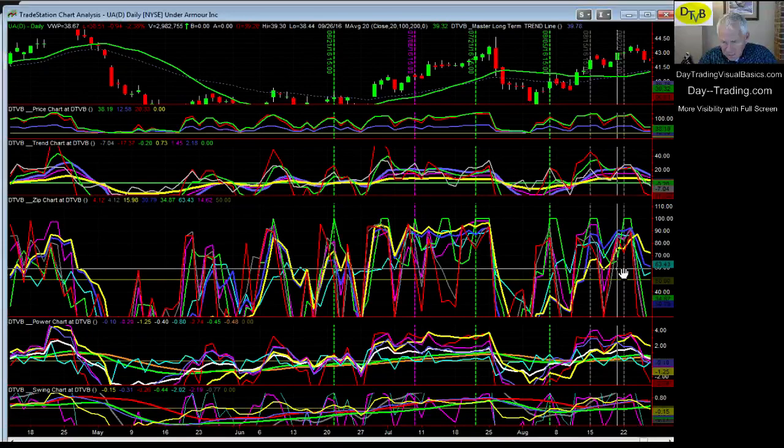Zip pink is at 86 and zip red is at 84. So pink, Zion, and blue were all above zip red on the day before this right gray vertical line.